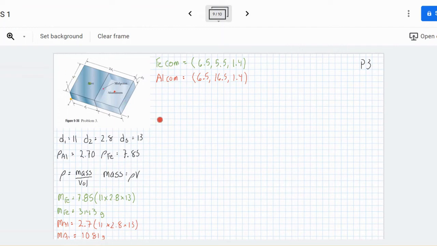So now what I'm going to do is try to find the center of mass in the y direction. To do the y center of mass, I'm going to take m1 y1 plus m2 y2 all divided by m1 plus m2.